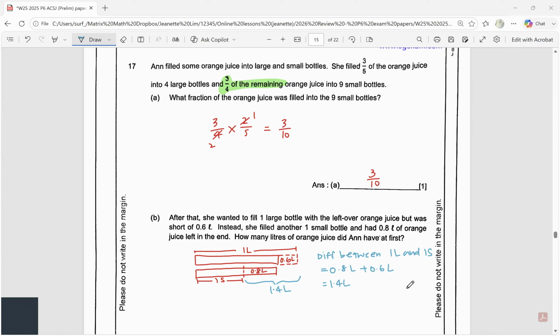Okay, now I know the difference between 1 large and 1 small, which is 1.4 liters. I want to find the fraction of the total orange juice that is used for 1 large, and then the fraction used for 1 small bottle. And I compare them to find the difference in fraction. Then I'll know that fraction is 1.4 liters. Okay, so for large, she filled 3/5 of the orange juice into 4 large.